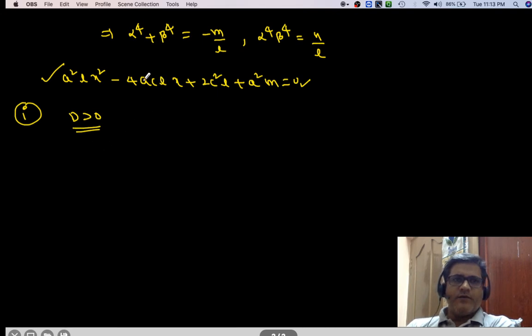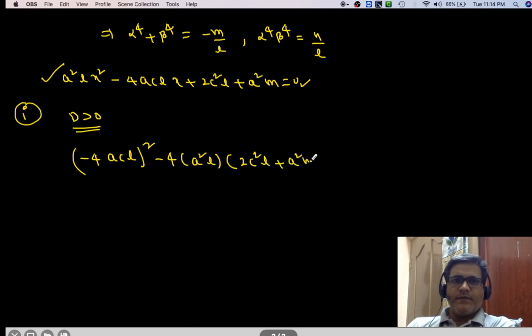To prove that, the discriminant is b² − 4ac, where b is the coefficient of x, that is −4acl, so b², minus 4 times a, the leading coefficient, that is a²l, times the constant, that is 2c²l + a²m.